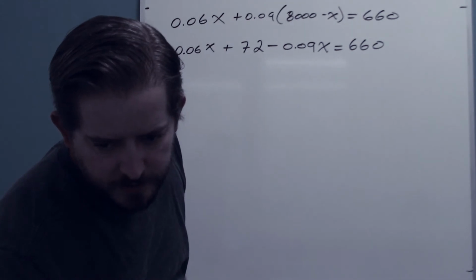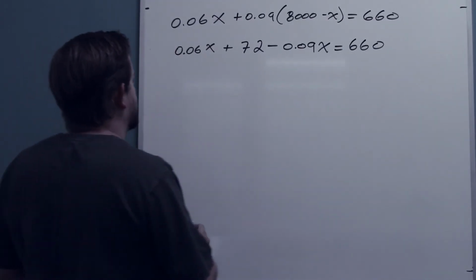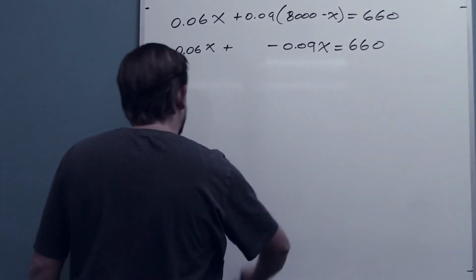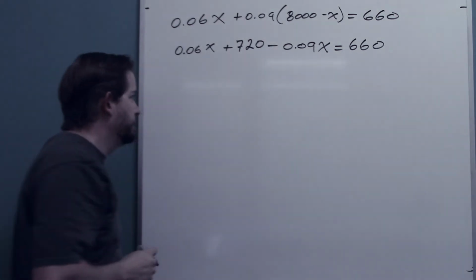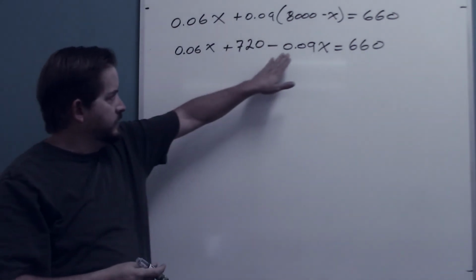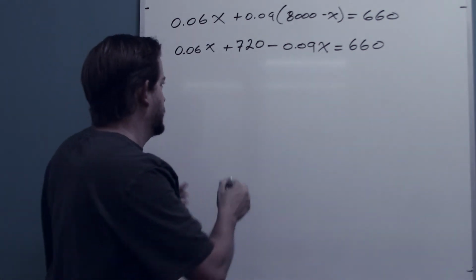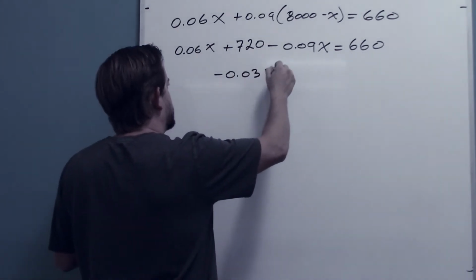And double check this. Oh, it's 720. Yeah, that's right. 720. Okay. I can combine my x terms on the left-hand side. 0.06 and negative 0.09 gives me negative 0.03.